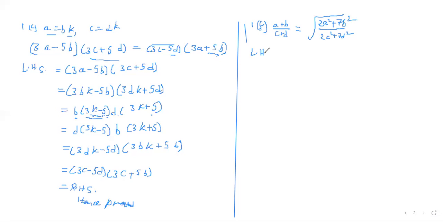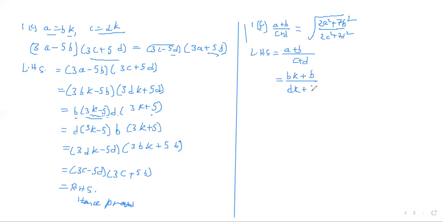We again will start with LHS equals to A plus B upon C plus D, and then write the values of A and B. So the value of A is BK. So in place of A, we write BK plus B over, the value of C is equal to DK.